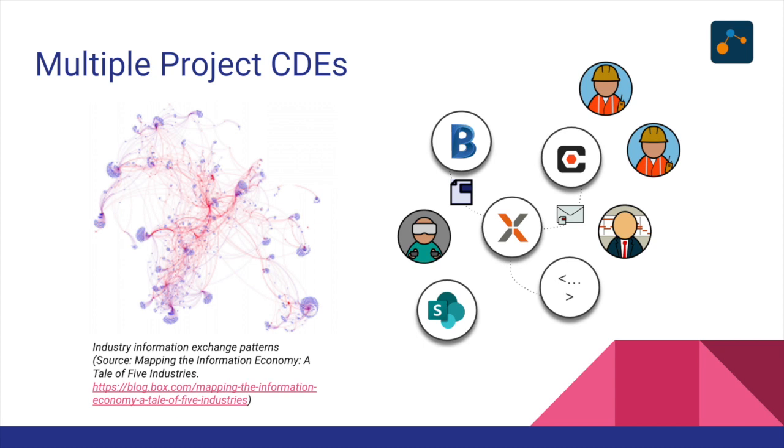So what I have here is a cartoon representation, or an abstraction of this pattern into a much more simplistic pattern. The kind of information exchanged between these systems includes files, documents like submittals, RFIs, issues, whatever it may be.